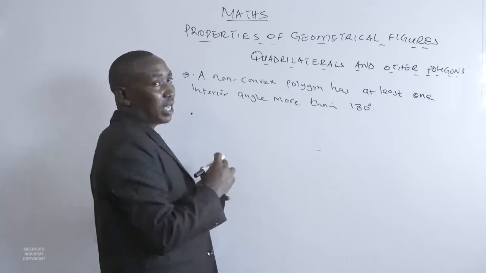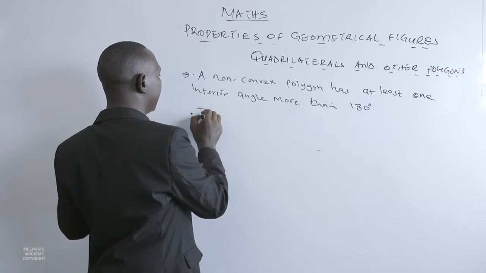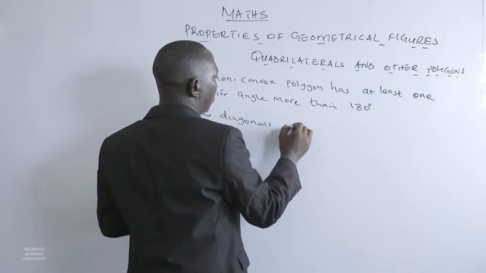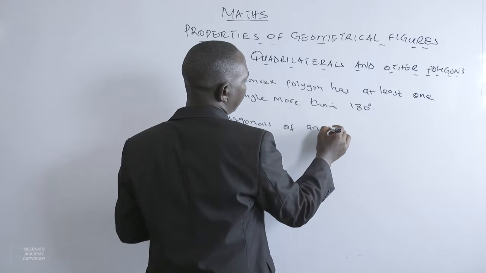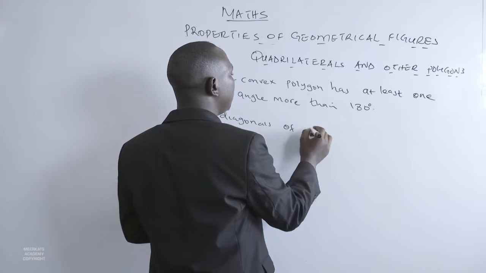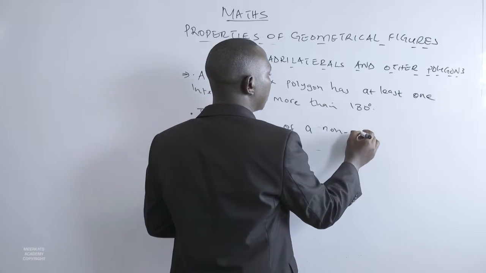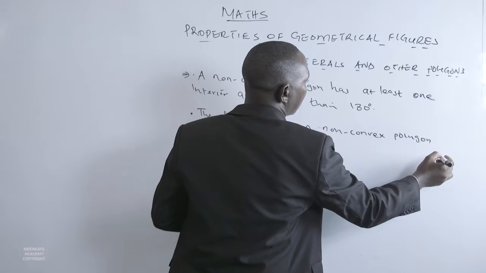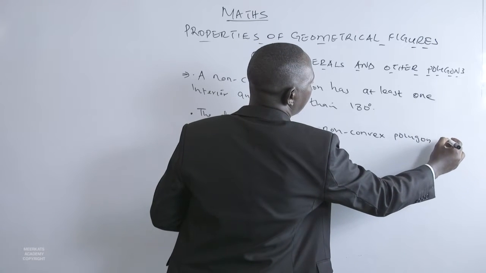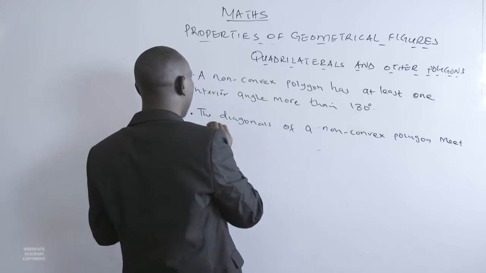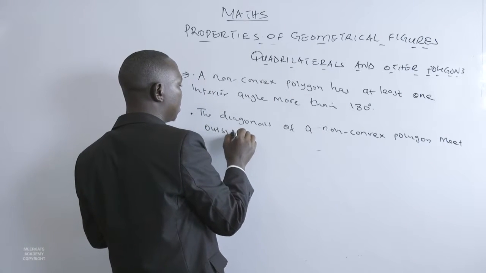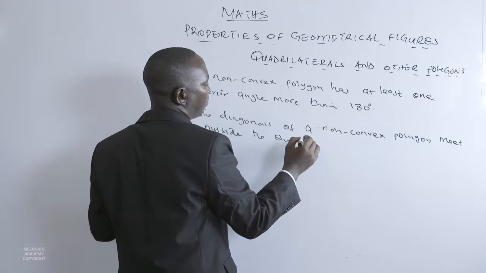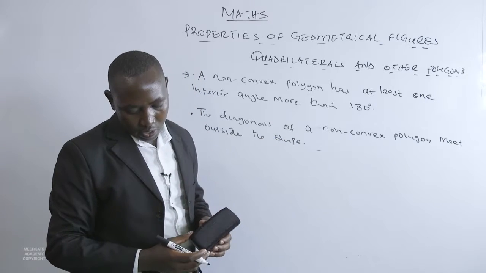Another point is that the diagonals of a non-convex polygon meet outside the shape or figure, that particular polygon.